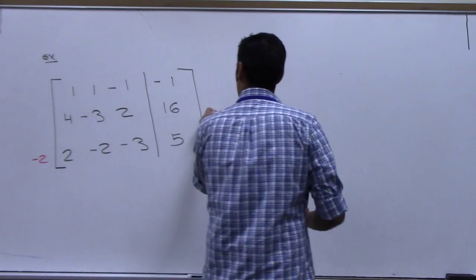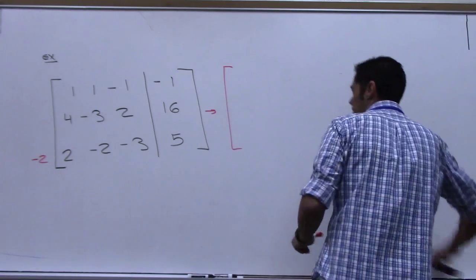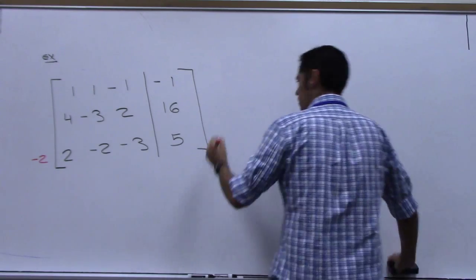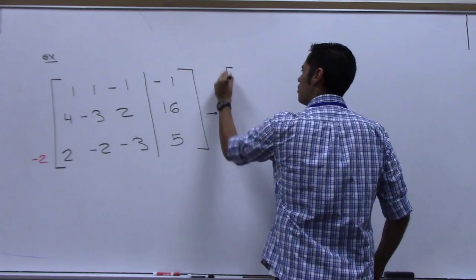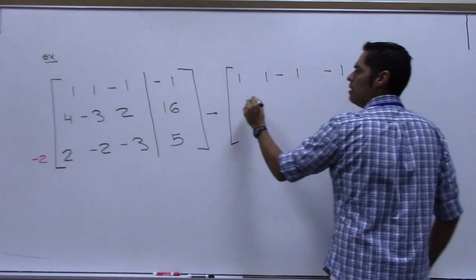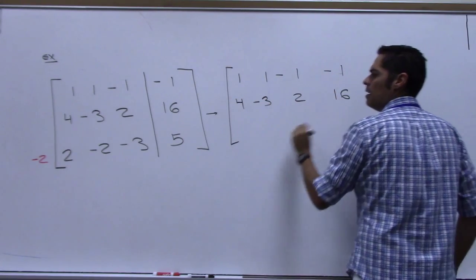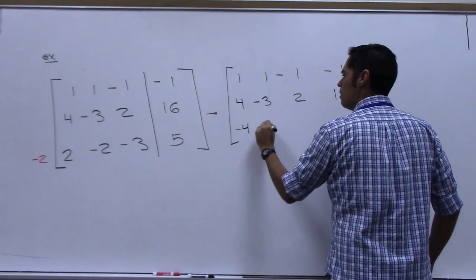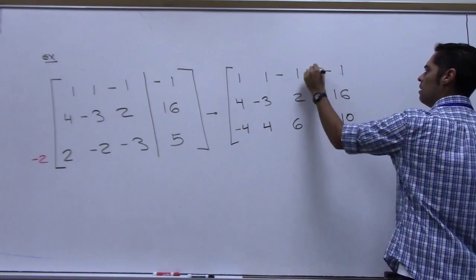Now watch. This now becomes a new matrix. 1, 1, -1, -1. 4, -3, 2, 16. And then -4, 4, 6, -10.